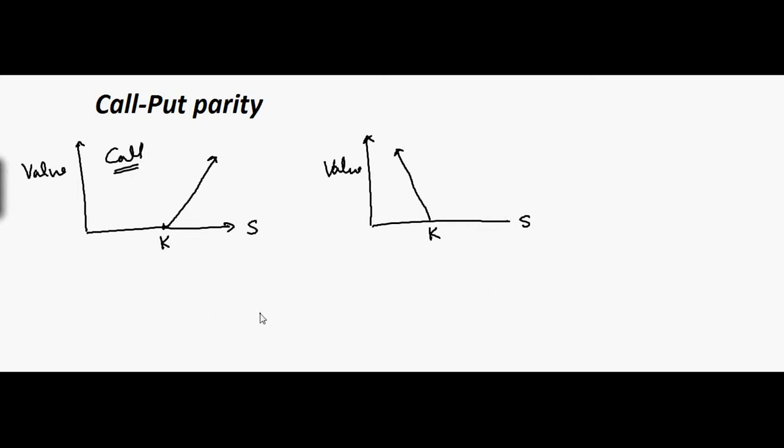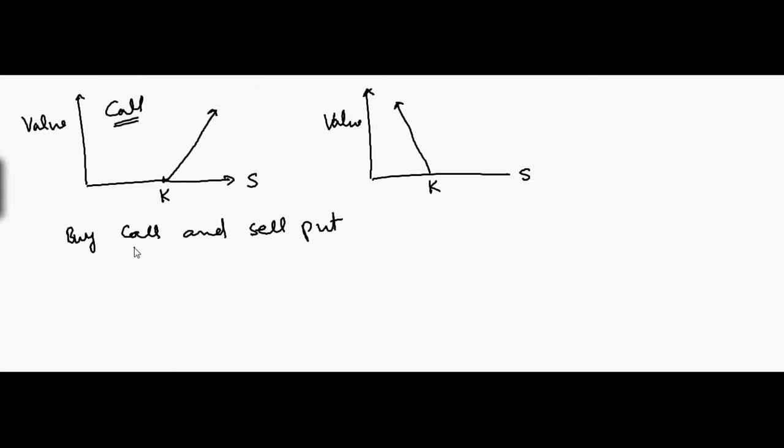So let's say that you buy the call and sell put. In this case, if we combine both of them together, we'll see something like this. So this is your k.